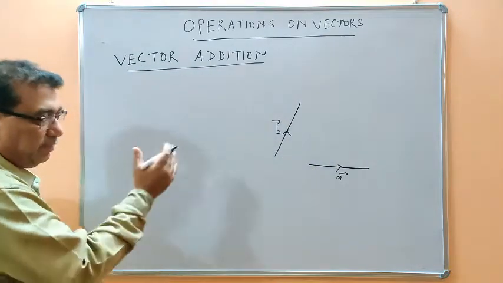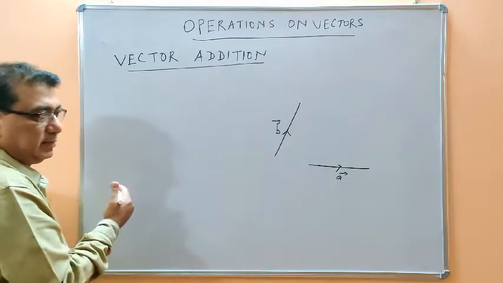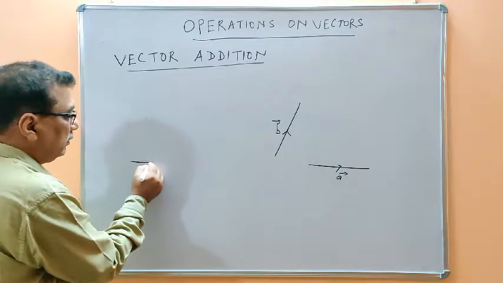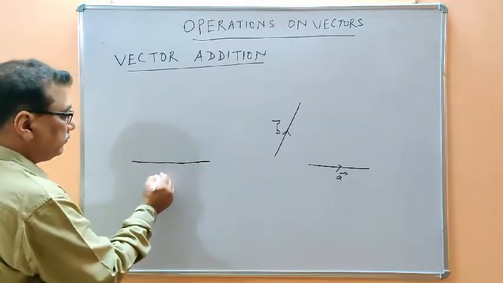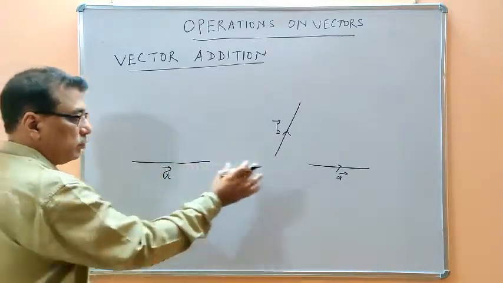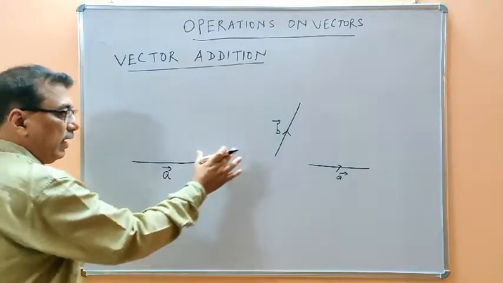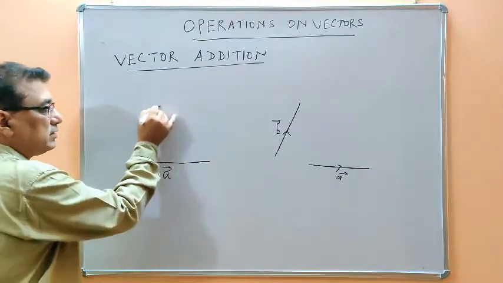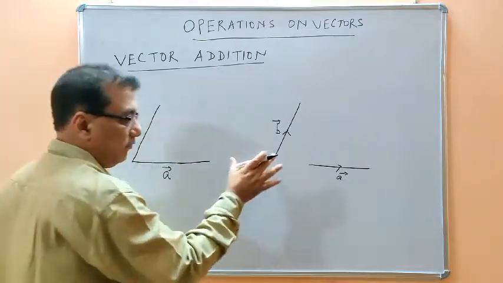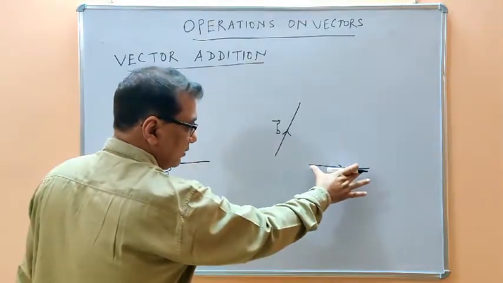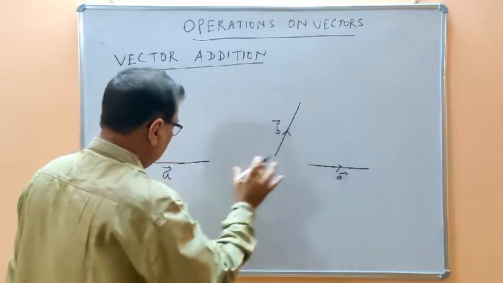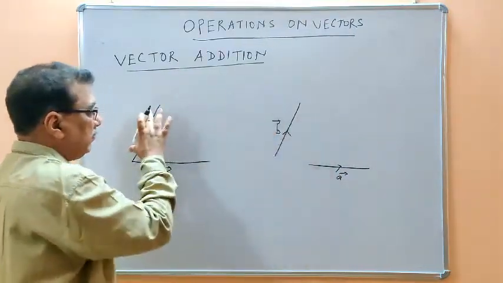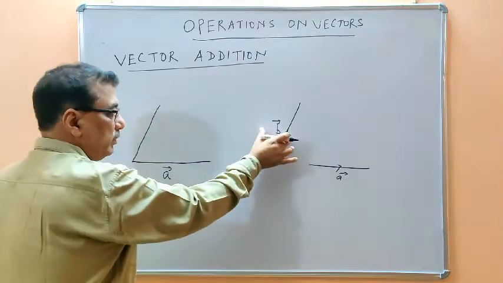Now, if we manage to shift these two vectors in such a way that, suppose this vector is shifted here and this is shifted in this way. Now in this shift, we have to maintain that whatever is the magnitude of this vector here, the same length should be here, and this also should have the same length, and also they should be parallel.